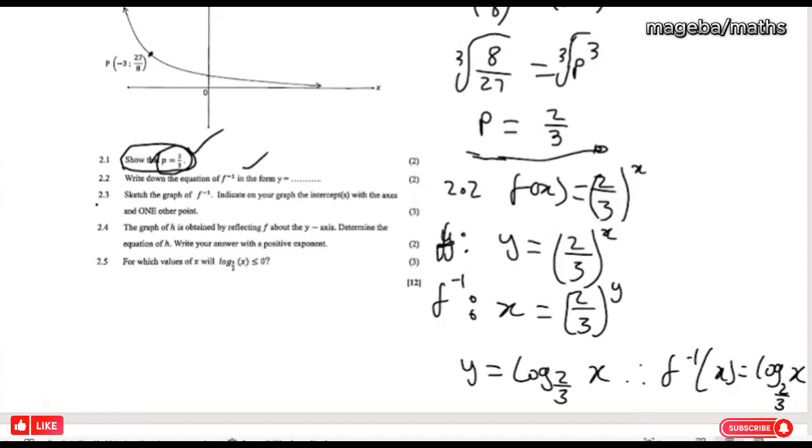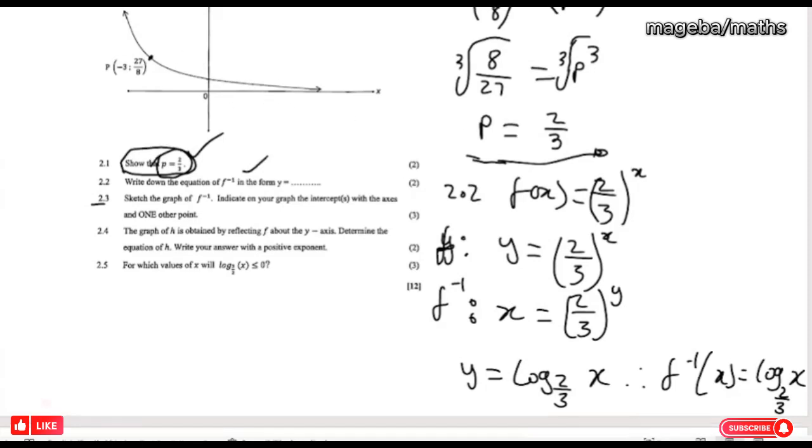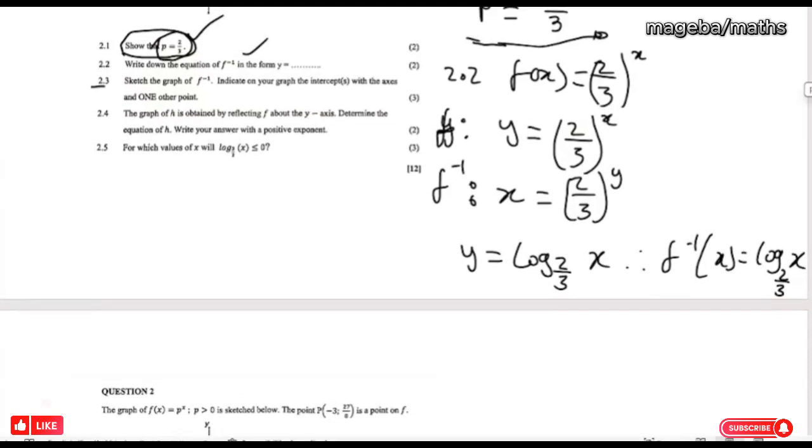Now 2.3, it's saying sketch the inverse and indicate the intercept with the x-axis. Now the inverse of this function, I hope you see how the function looks, but for the inverse I'm just going to draw a rough sketch here.